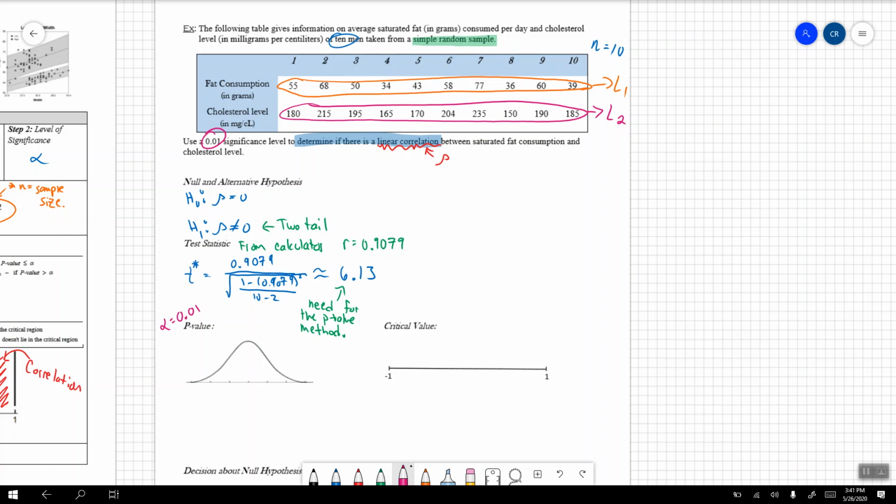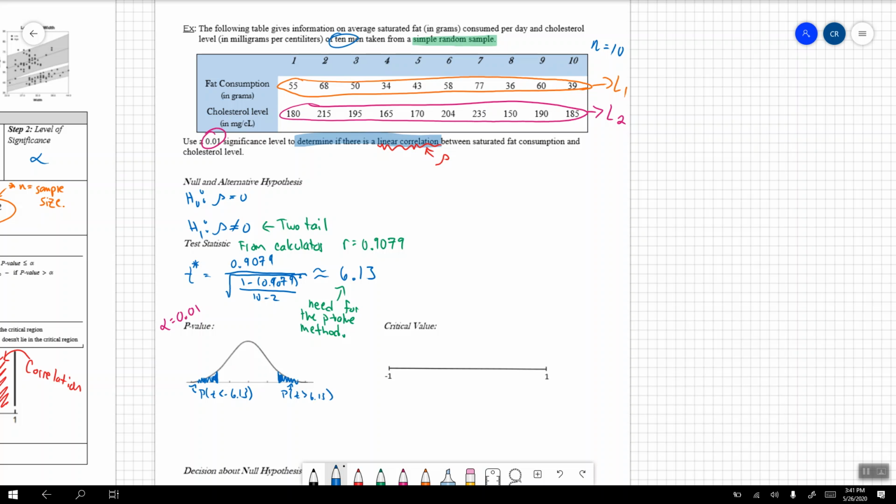We're going to have some shaded region to the left and to the right. So I need to find these shaded regions, which in here is going to be t is less than negative 6.13, and over here, this region is going to be the probability that t is greater than 6.13.